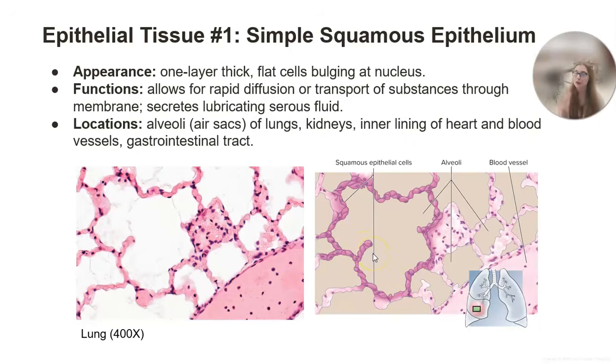When we're talking about the actual cell in an epithelial tissue, that cell is going to be named after its shape. So our cells in simple squamous epithelium are going to be squamous epithelial cells.